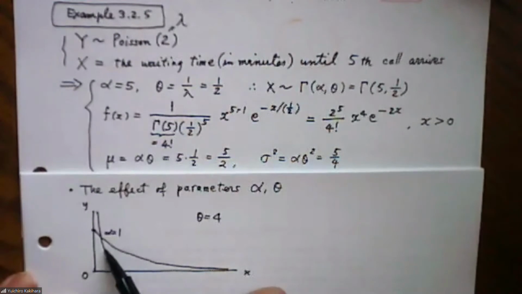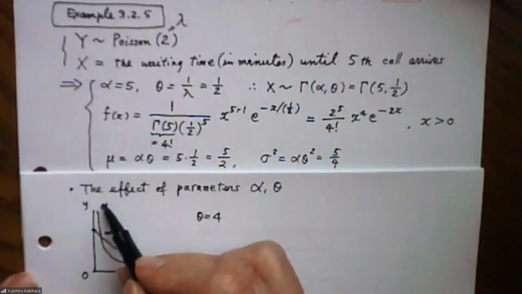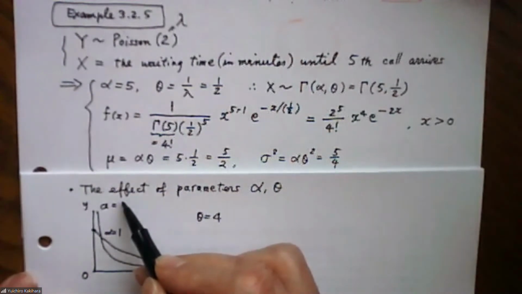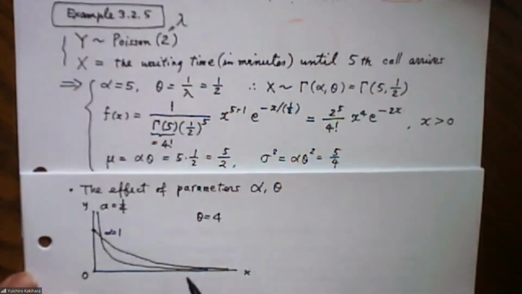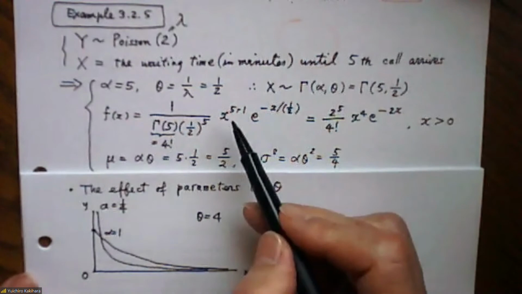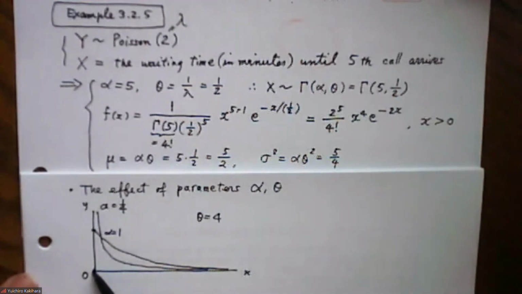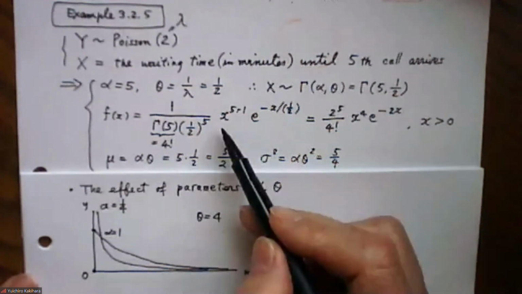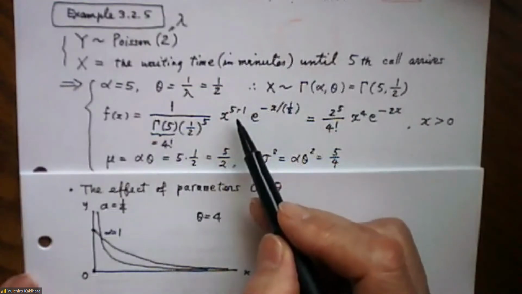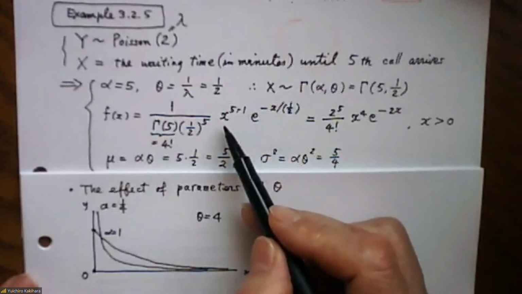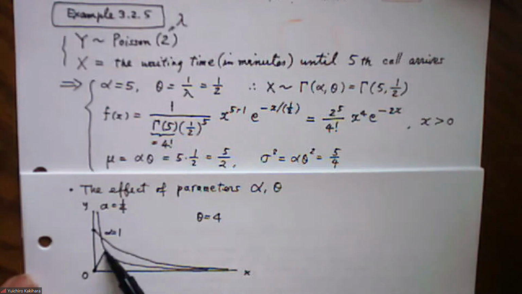This alpha is equal to 1/4, smaller than 1, then it goes into infinity as x approaches 0 from the right. Otherwise, if this is positive, then the graph starts from the origin, because x to a positive number is going to be 0. So starting from this point, the graph goes like this.